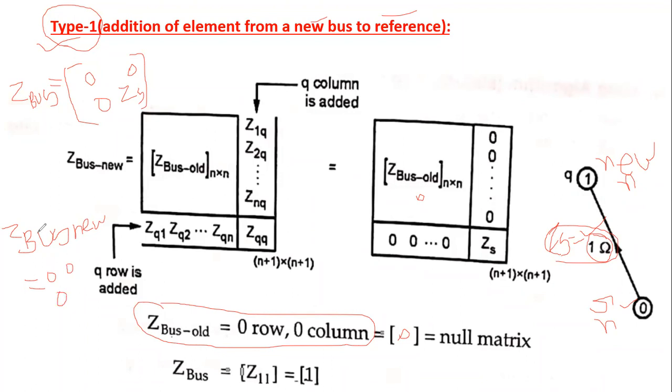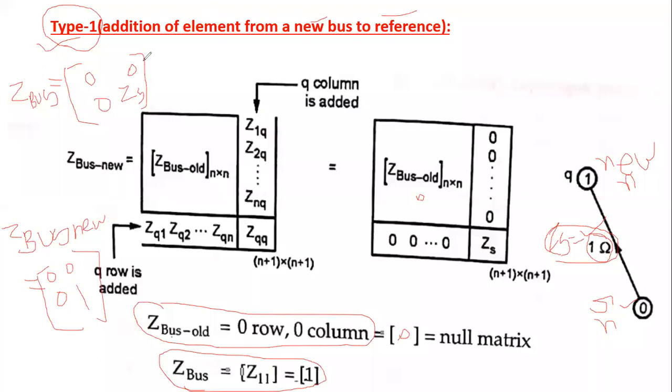What is the Zs value? 1. This is the Zbus new matrix. Therefore Zbus new is equal to Z11, that is 1. The other rows and columns are considered as 0. Then Zbus new is equal to 1.